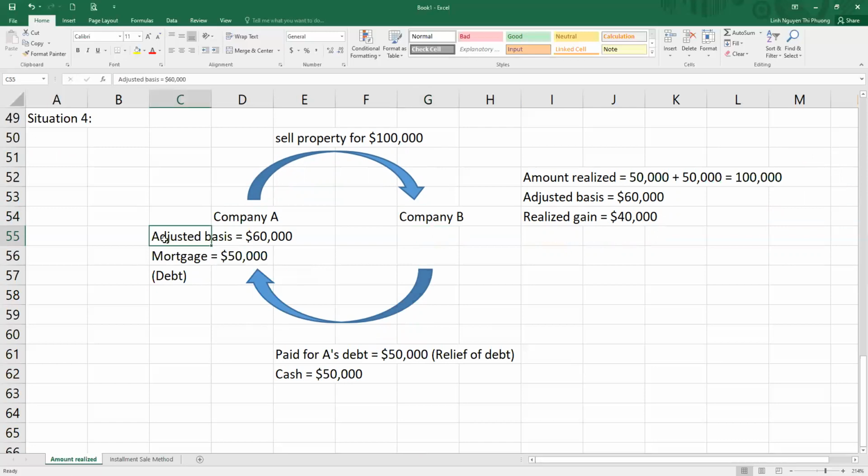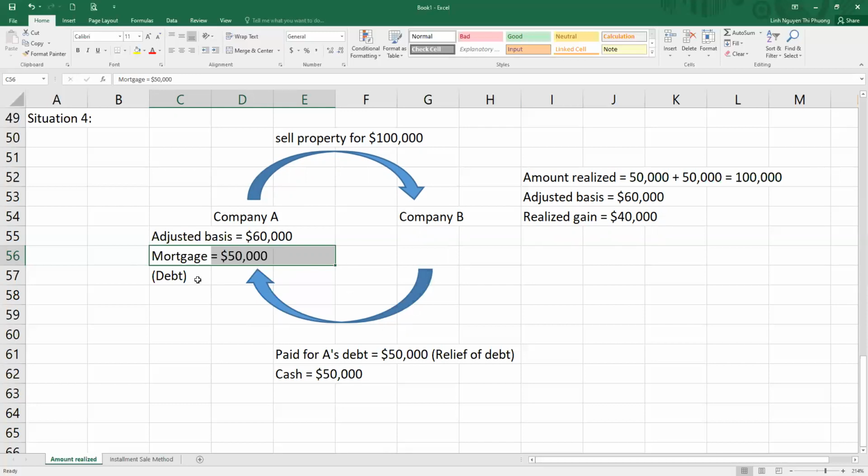The adjusted basis of this property is 60,000. And in this case, company A has a debt, a mortgage of 50,000. When they purchased this property many years ago, they borrowed money, and now the balance of the debt is $50,000.